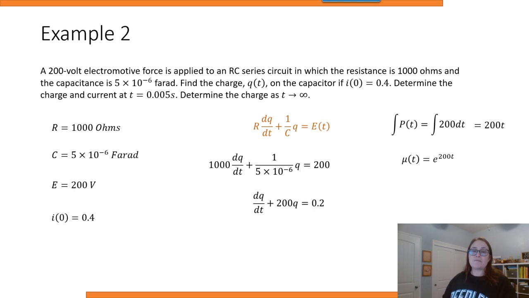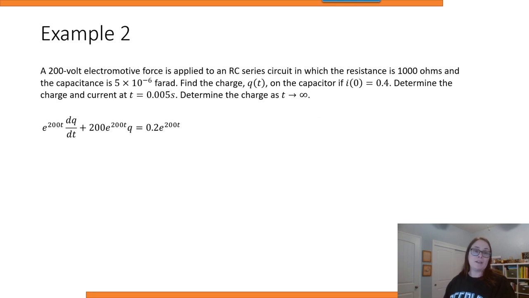Okay, so to use that integrating factor, I'm going to multiply everything in the equation by e to the 200t. It looks like this now: e to the 200t times dq/dt plus 200 e to the 200t times q equals 0.2 e to the 200t.